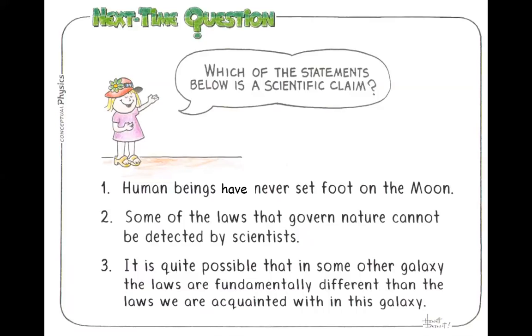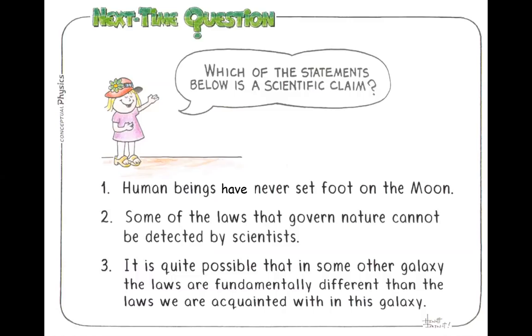If it cannot be detected, then you cannot test the hypothesis or the law. If you cannot test the law, then it isn't scientific. So for number 2, its lack of testability means that it's not a scientific statement. It's an interesting kind of philosophical statement, but not a scientific one.